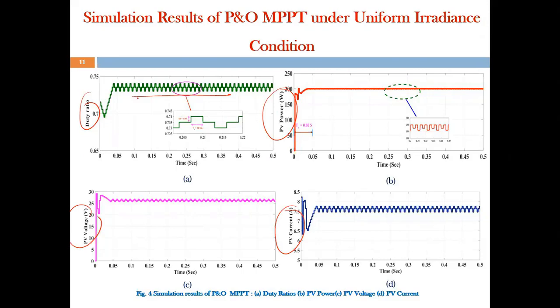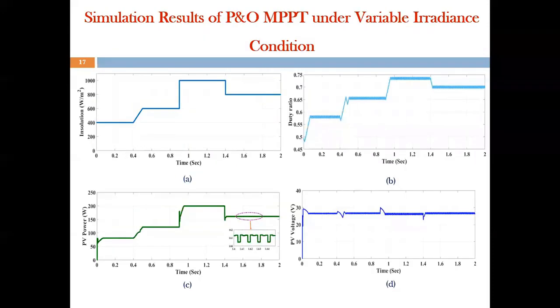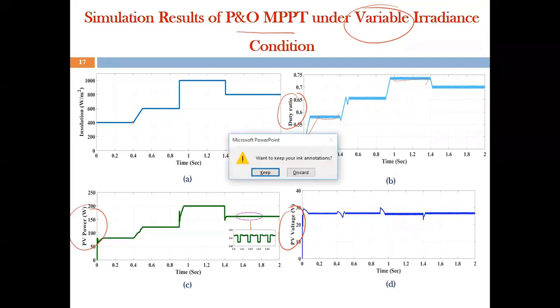Now what I did, we have changed from uniform irradiance to a non-uniform condition. Now you see, it is a variable condition, P&O with variable condition. This is the duty ratio, and the duty ratio changed exactly with the help of P&O. Then this is PV power, and PV voltage is almost constant if you observe here.